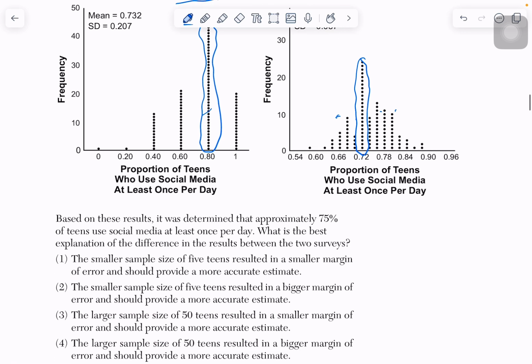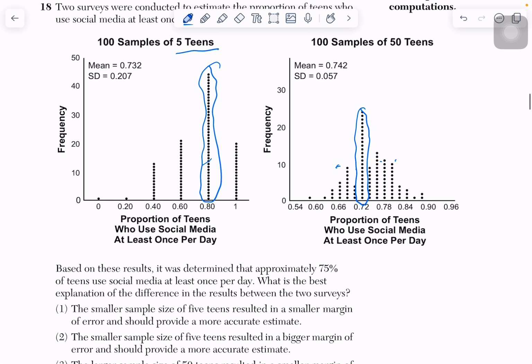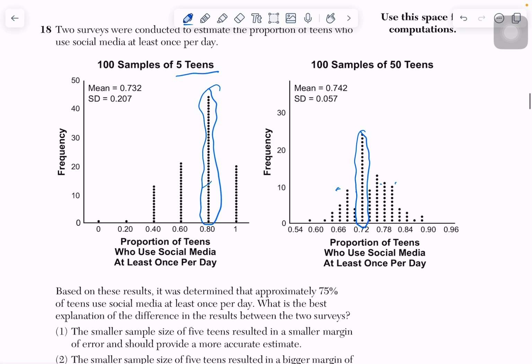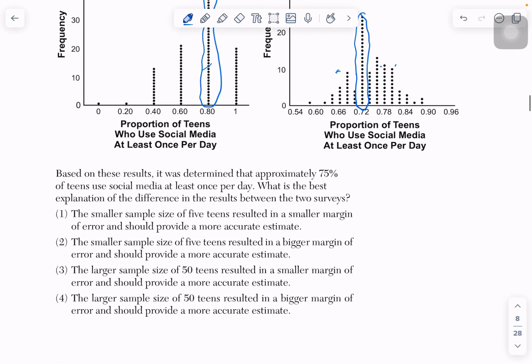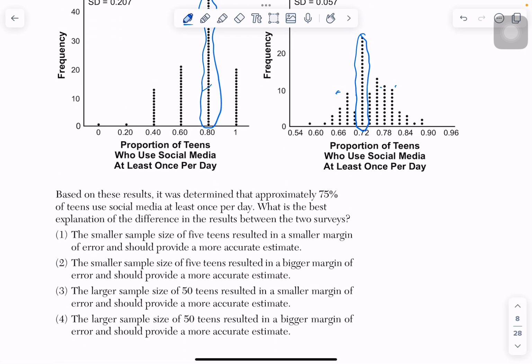So let's look at our variance. The one on the right would be a better representation of the data because you asked more people, right? You asked groups of 50. So the smaller sample size of 5 teens resulted in a smaller margin of error. That's not true.